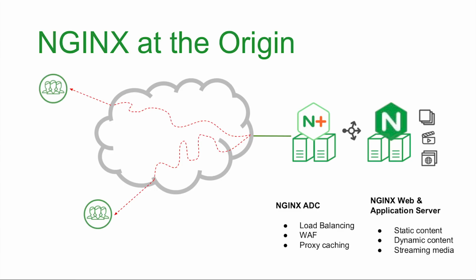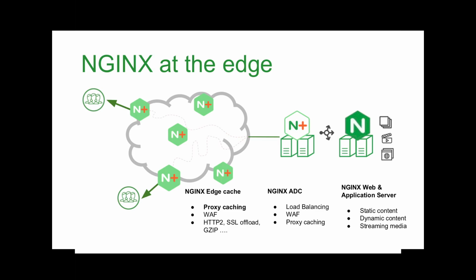And NGINX Plus specifically adds a lot of features to bring NGINX to be an enterprise ADC: load balancing, web application firewall, and a lot of features around live activity monitoring and so on.